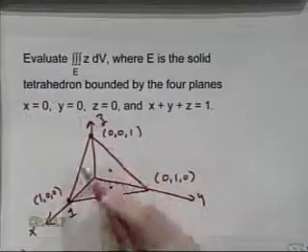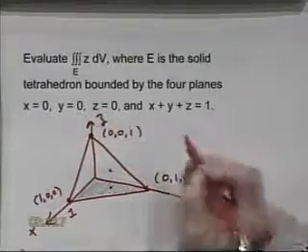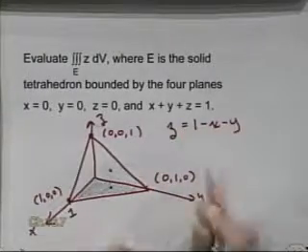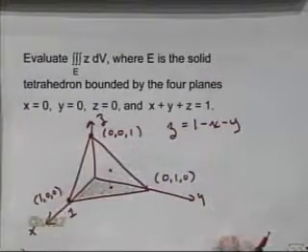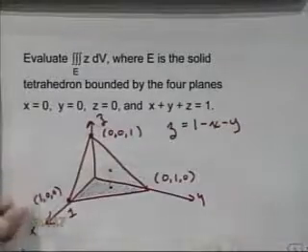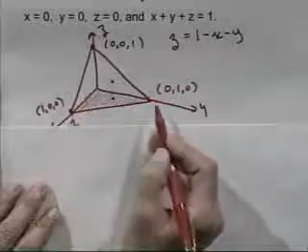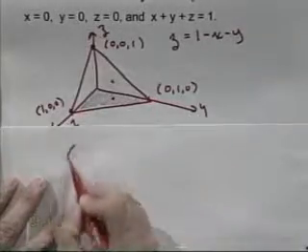If I'm on that slanted plane, what does z equal? Quite obviously, z is equal to 1 minus x minus y. I have to solve for z, just like before we had to solve for x or solve for y. So in setting up this integral, my base is in the xy plane, so guess what?